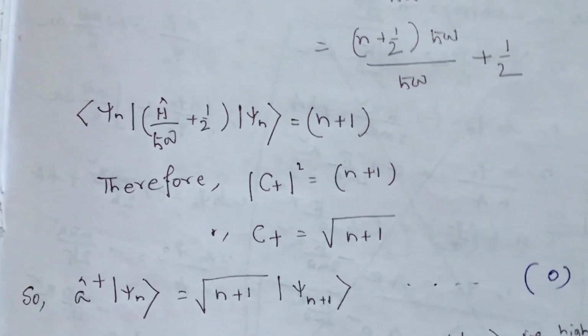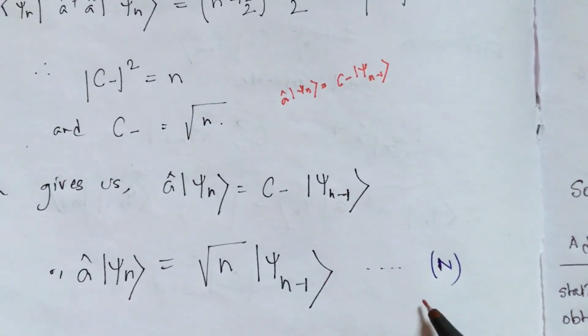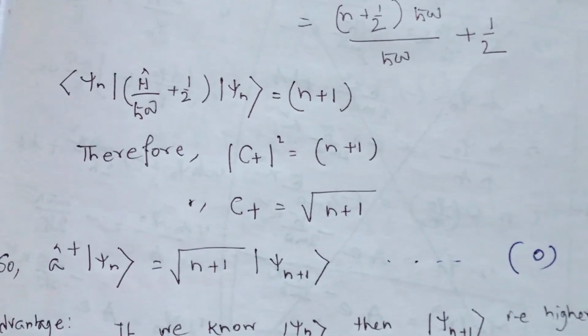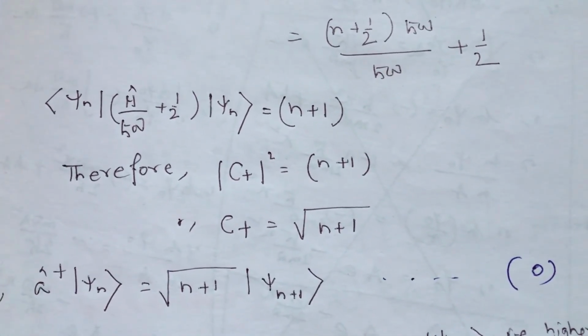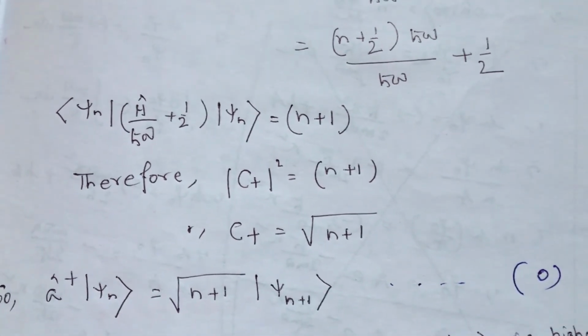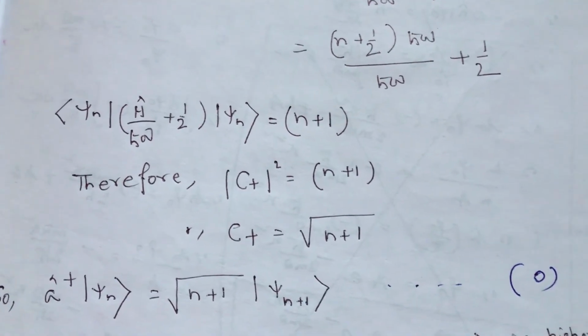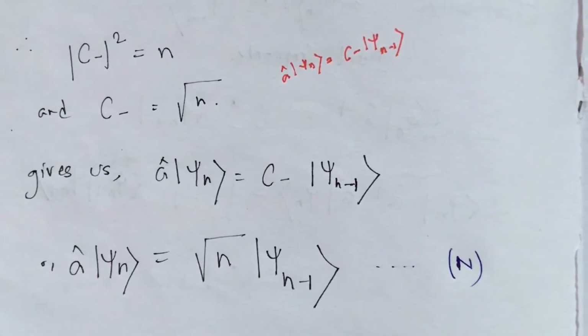Now the utility of equation n and equation O is that if I know psi n, then I can easily obtain the higher excited states. We can also obtain the lower energy states.